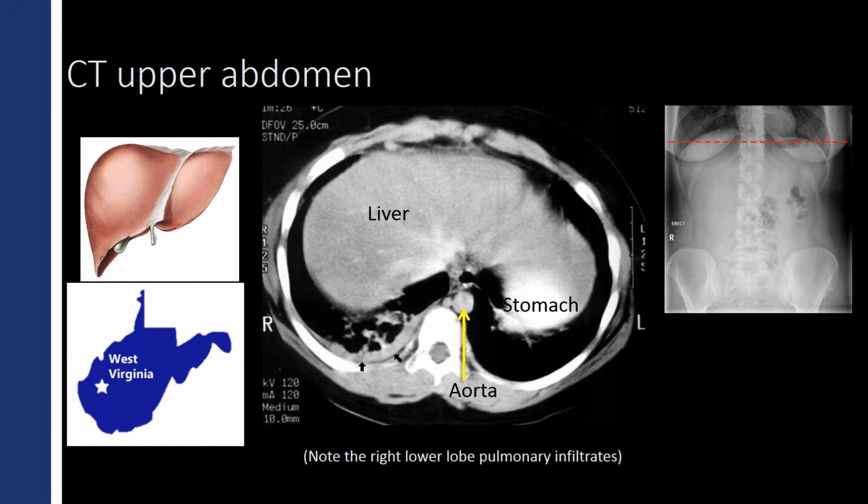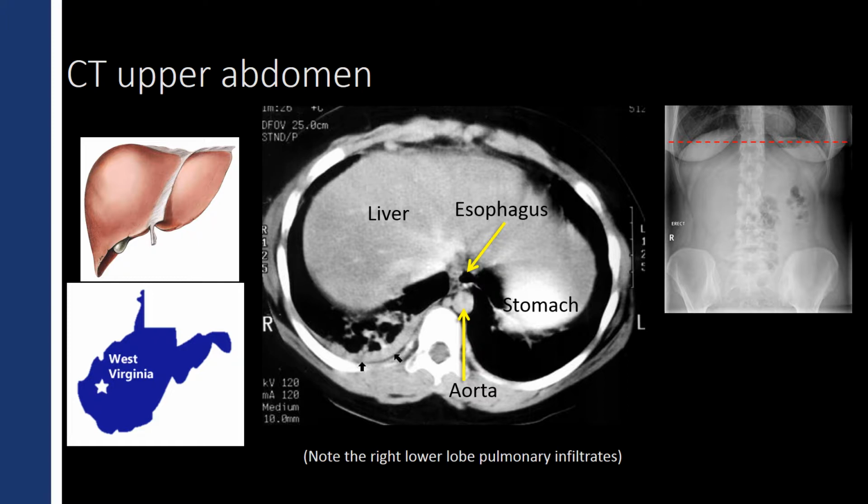In the chest, the esophagus is to the right of the aorta, but as it comes into the abdomen and through the diaphragmatic hiatus, the esophagus will pass in front of the aorta at the gastroesophageal junction.